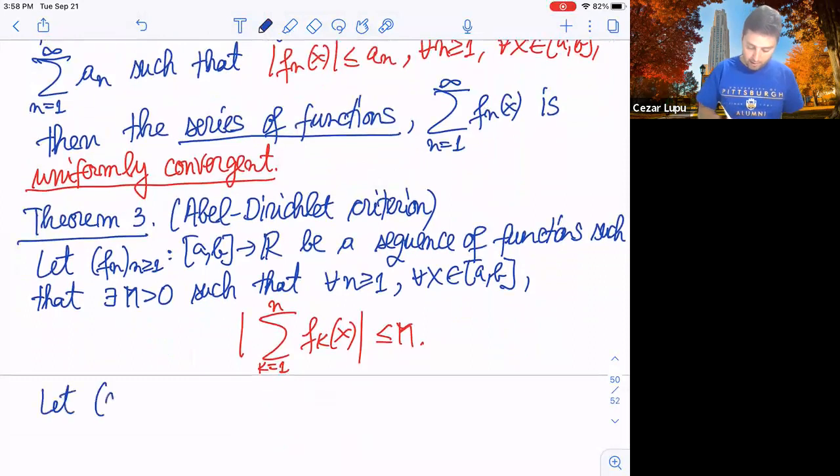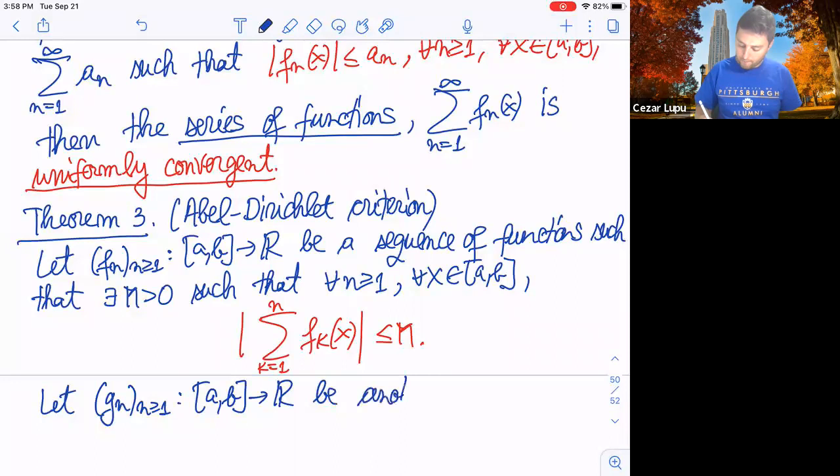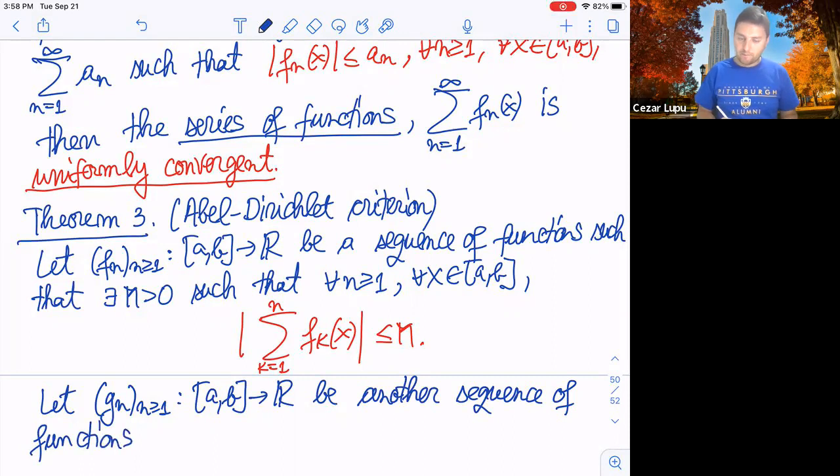So let Gn be another sequence of functions, and now this one converges pointwise. Let me say it like this: converges monotonically pointwise.